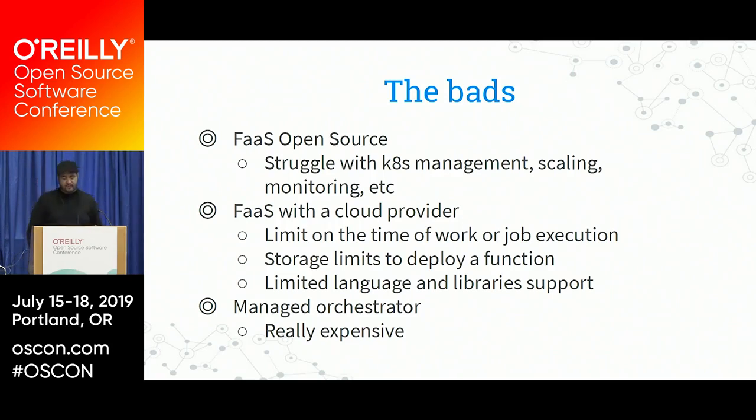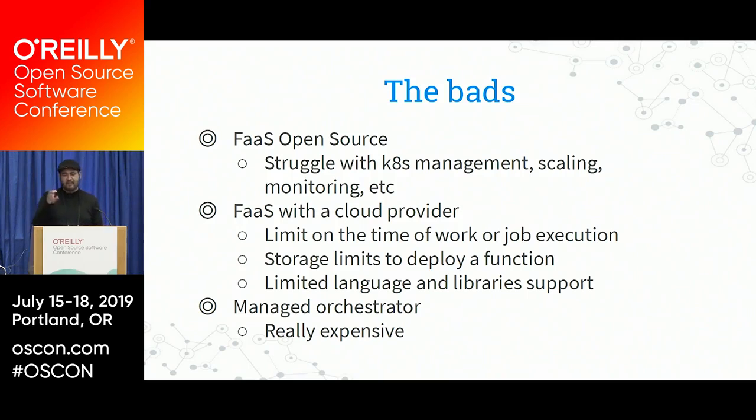about the open source solution is that you have to struggle managing your Kubernetes cluster, scaling and monitoring. The bads of using a cloud provider of FaaS: there's a time limit on job execution.